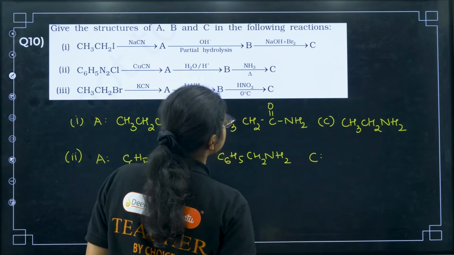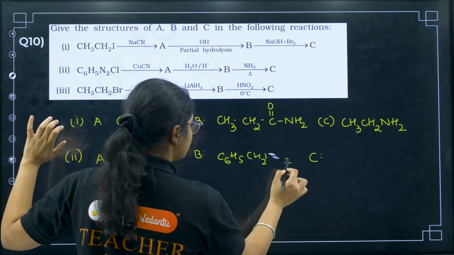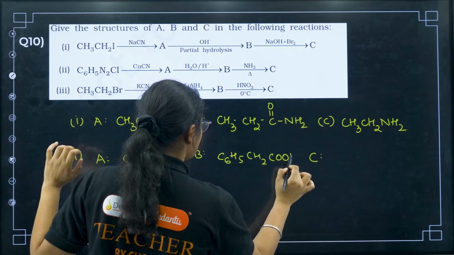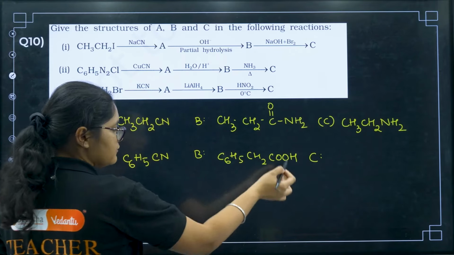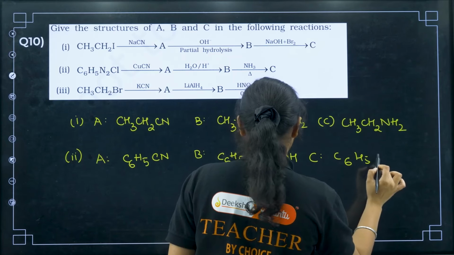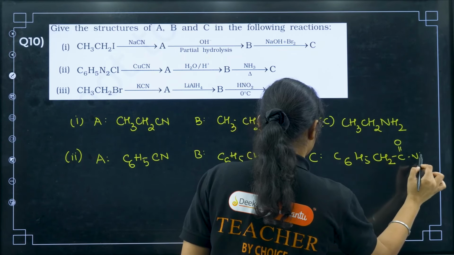Okay. Next, C, if you treat it with, oh sorry, one second, here I made a mistake, hydrolysis, right? It will convert it to acid. Then if you do ammonia, again we will get an amide. So C6H5CH2C=ONH2.